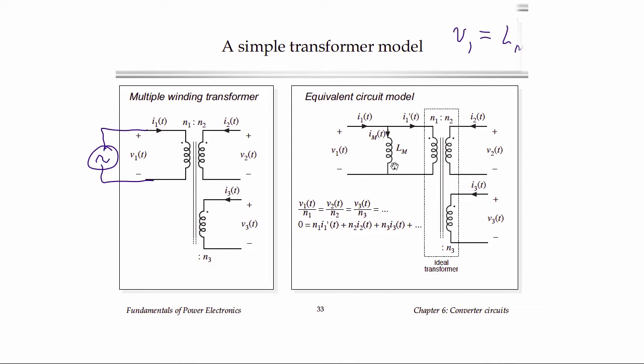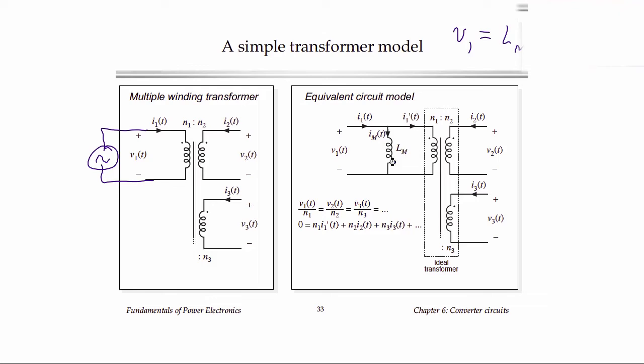And it has to obey volt-second balance. The average value of the voltage applied to this inductor must be 0. So we can apply volt-second balance to find the steady-state behavior of the circuits containing physical magnetic transformers.